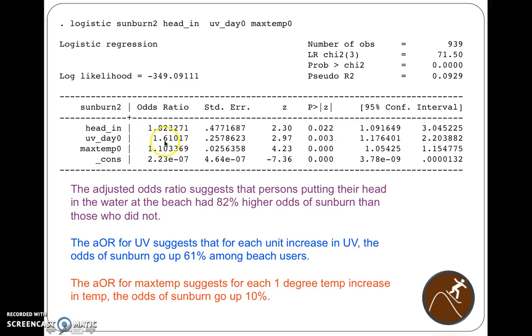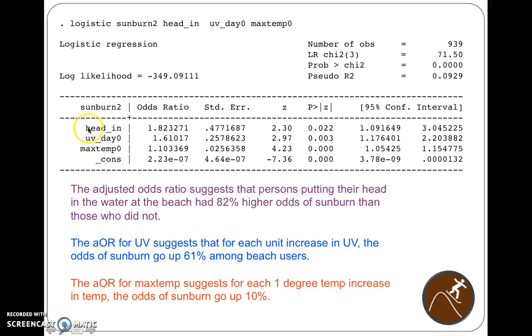UV, as UV goes up, the odds go up. That's entirely significant according to the confidence interval, and the p-value shows that. Temperature, as temperature goes up, again, the confidence interval for that odds ratio is entirely harmful, and that also is statistically significant. The whole logistic regression model is statistically significant. P is less than 0.0001 according to that value right there.